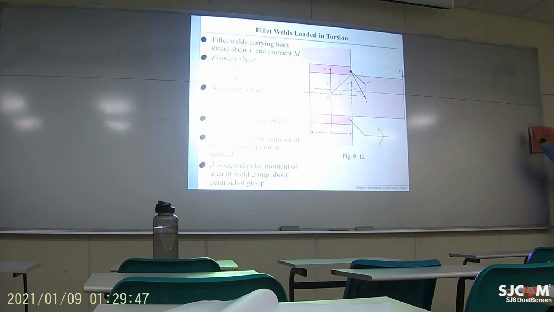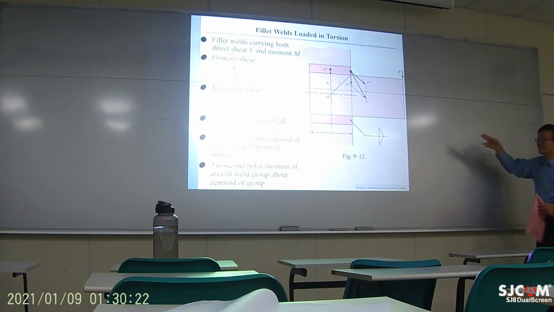So if you figure out, okay, there's one particular point that is carrying the largest stress, that means when the weld material fails, it starts with that particular point. So for this kind of problem, we need to figure out what is the worst loading position, and we want to make sure that position is safe after you apply certain load, then your design is fine. Okay, so that's what this figure is about.